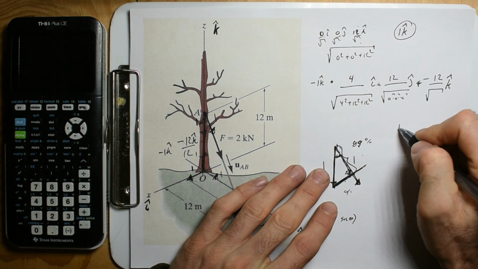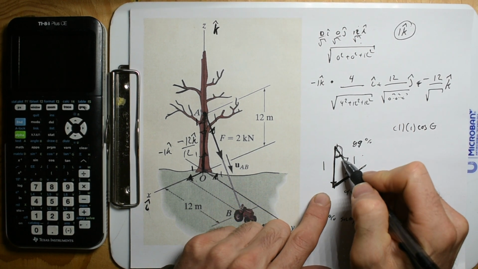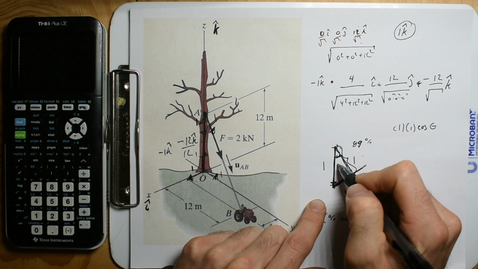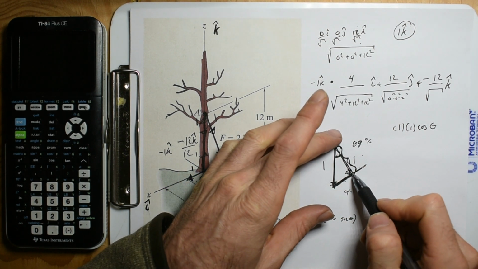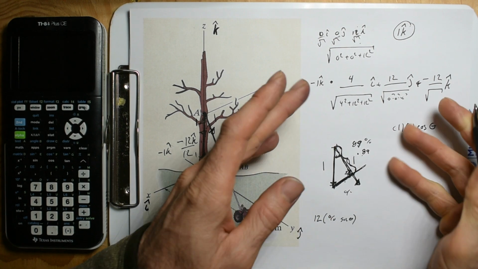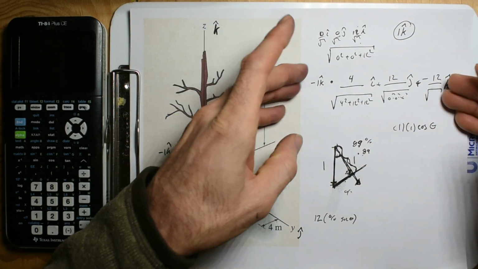So it's 1 times 1, but then the cosine of the angle. If this is the hypotenuse of 1, the cosine of this angle represents this distance, maybe 0.89. I have no idea. Cool. So that's what this does.